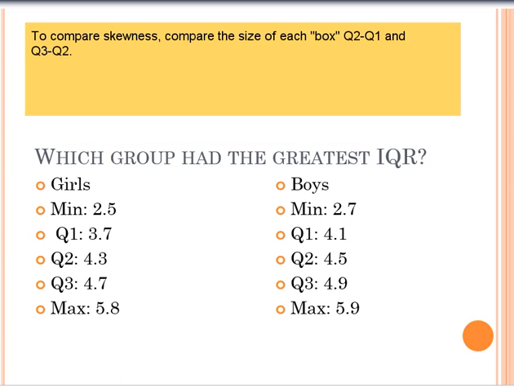The next question asks about the skewness of the two groups. Remember, in the box plot diagrams, we looked at skewness by looking at the symmetry of the two boxes that we created. Each box was looked at by comparing the quartile to the median. And so we can compare Q2 to Q1 and Q2 to Q3 for each group to see if they're symmetric.